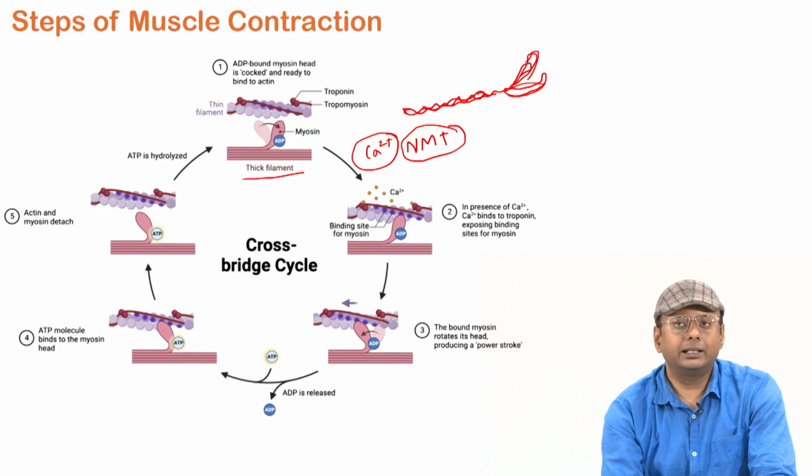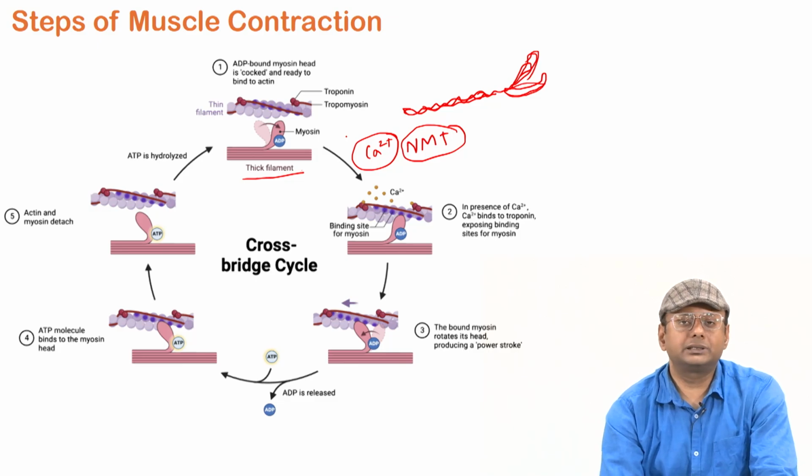Rotational changes happen to the head, leaving the myosin to be bound again to the actin for the next cycle, whenever calcium ion comes in during neuromuscular transmission. Okay, so this is the way both actin and myosin work together, also with the two regulatory proteins present in the thin filament, troponin and tropomyosin.